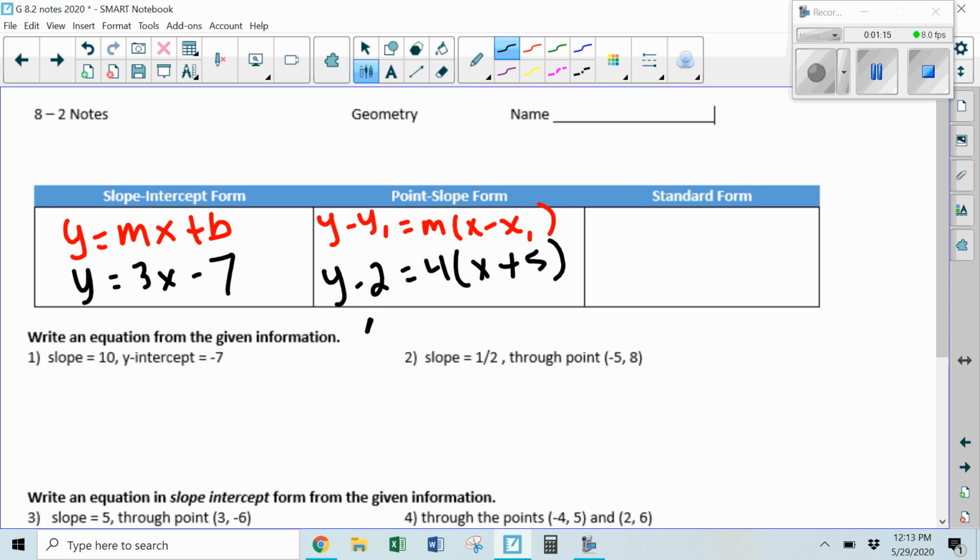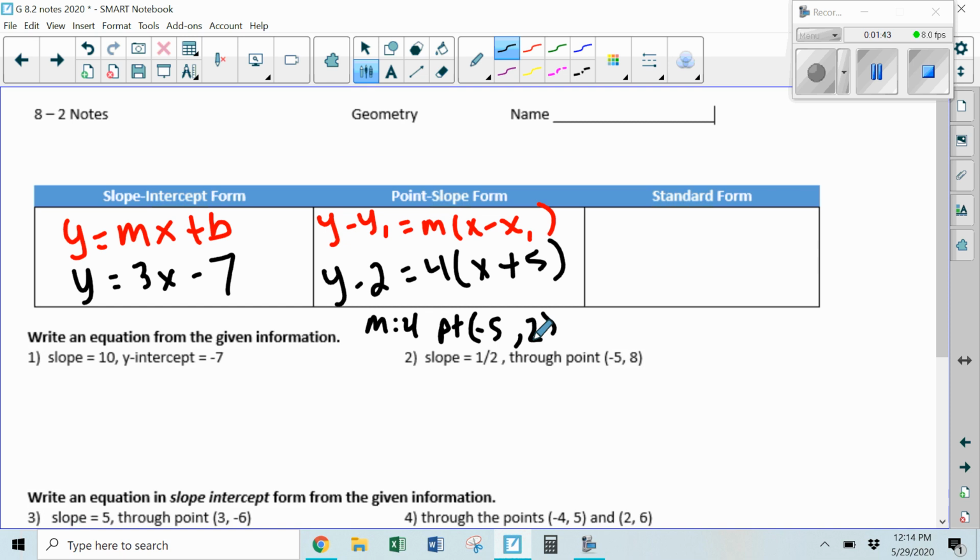My slope here is 4, and my point, notice there's a negative built into the equation, so it's going to be the opposite of what you see here. It's going to be -5. And right here, the y value is going to be 2. The negative is part of the formula. So in point slope form, you figure out a point and a slope.